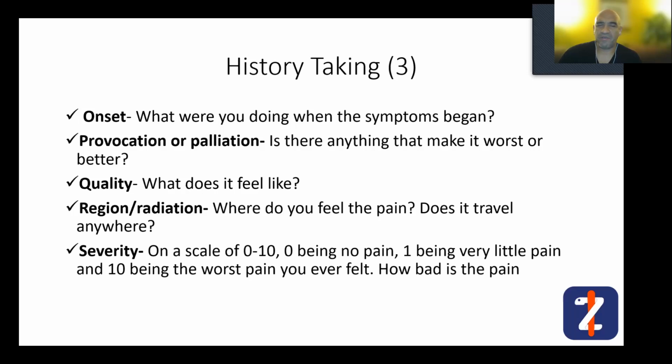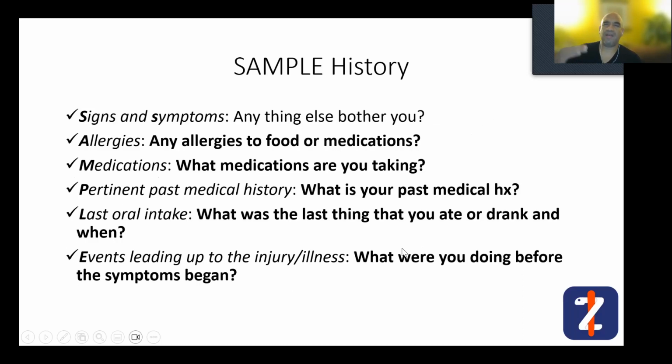Severity: on a scale of 0 to 10, 0 being no pain, and 10 being the worst pain they ever felt in their life, how bad is the pain? And Time: when did the symptoms start? All right, now the next set of questions. So the OPQRST, you can take your time, rewind, and just practice these questions over and over again.